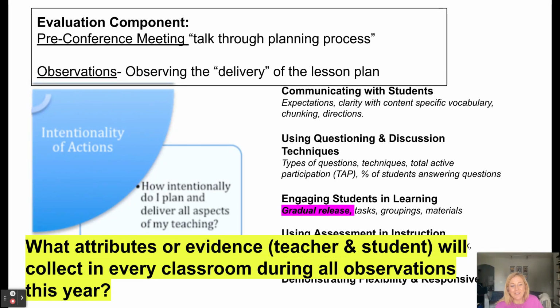I don't know how clunky it felt to collect evidence, but I know when I worked with principals in Waverly the last 2 years, that was very uncomfortable for principals to start collecting data, and that's normal.